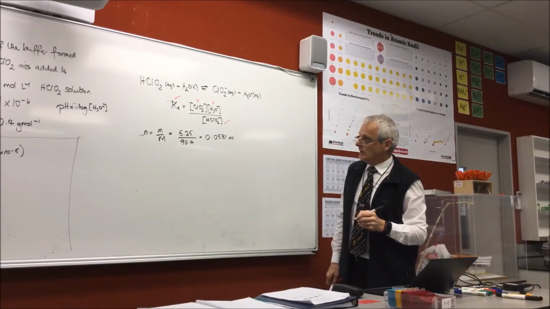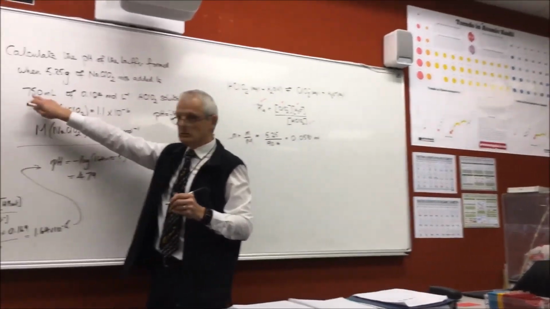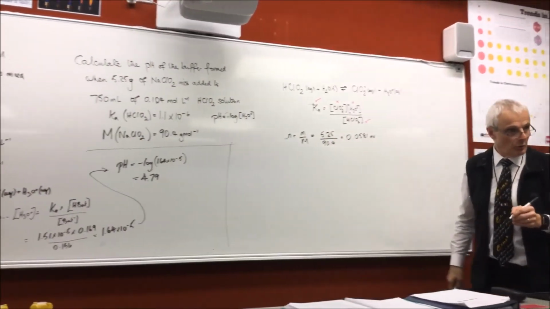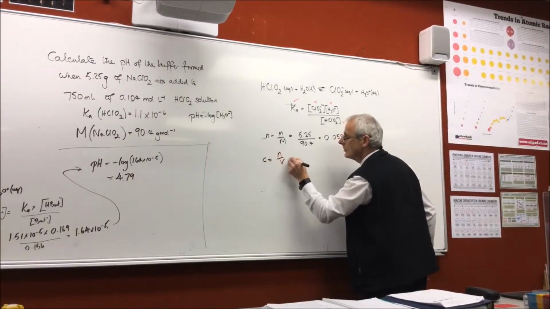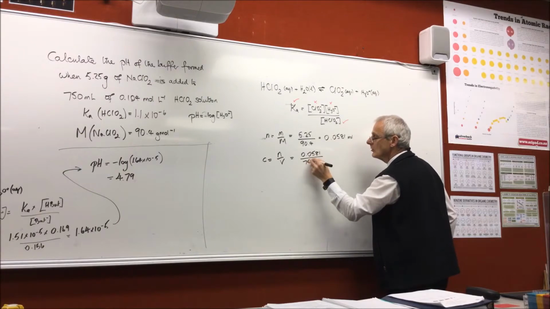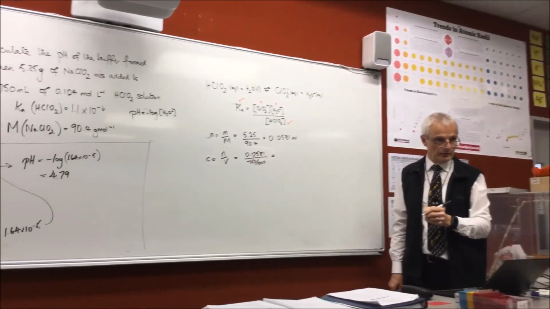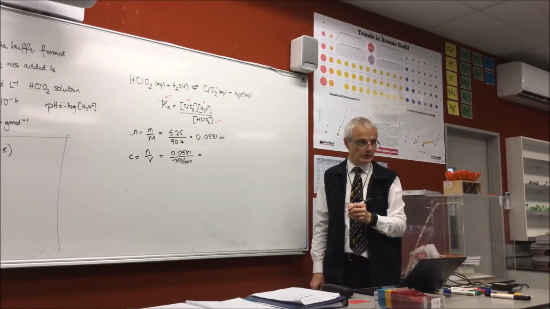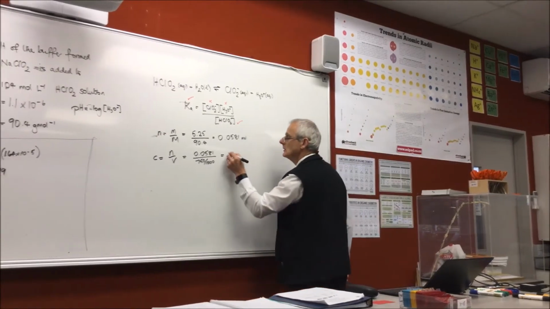And that is being dissolved into 750 mL of water, which is what we've got as our starting volume. So we can work out the concentration. Somebody could calculate that. 0.0775.